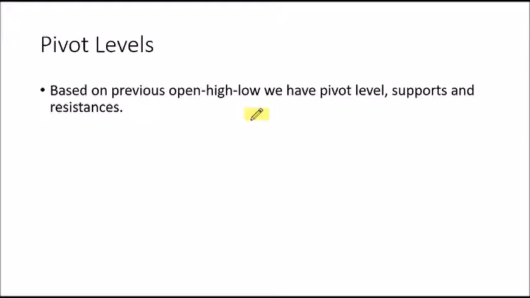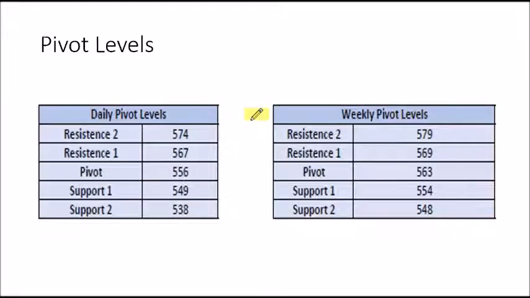If it closes below the pivot, support 1 and support 2 are likely to be tested. There is no highlight here, but these are just labels you should keep in mind, and you can follow them for target and stop loss.